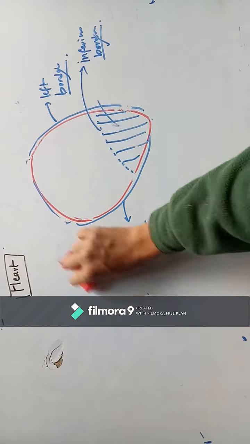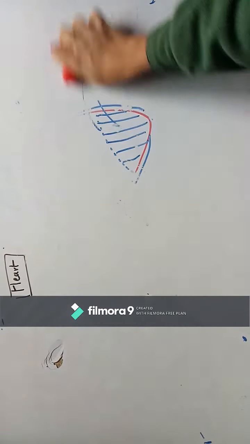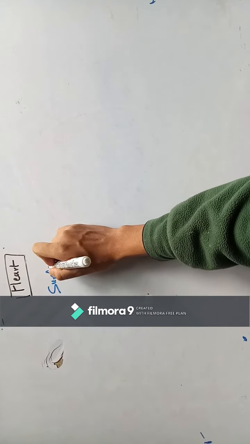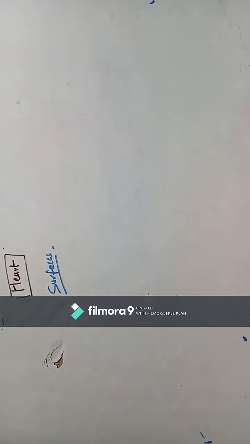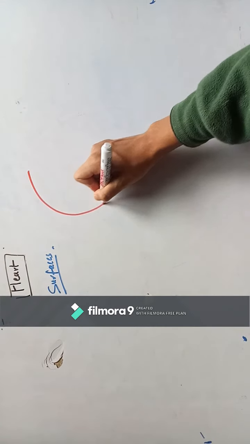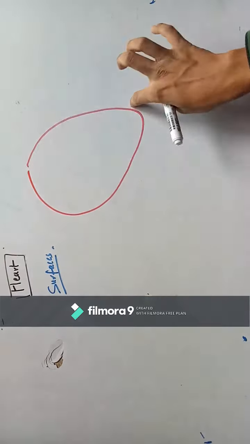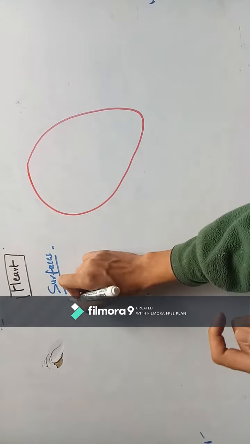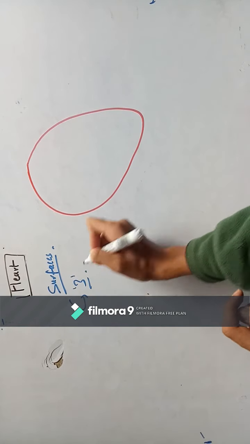Now let's come to the surfaces of the heart. So there are borders and there are surfaces. So this is your typical heart, the apex, the base, remember that. And now there are again three surfaces in heart.